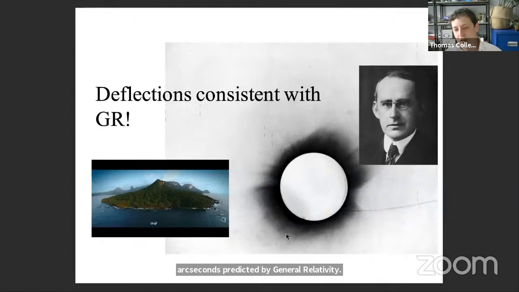So this was the moment, the instant at which Einstein and his theory of general relativity really became a household name. This demonstration that general relativity had made a falsifiable prediction and had passed that test.